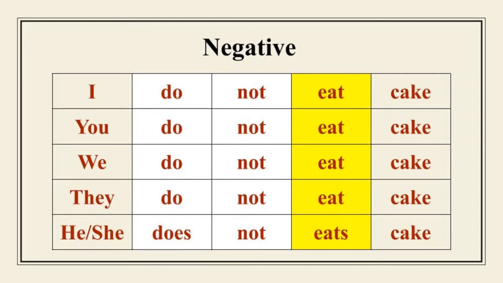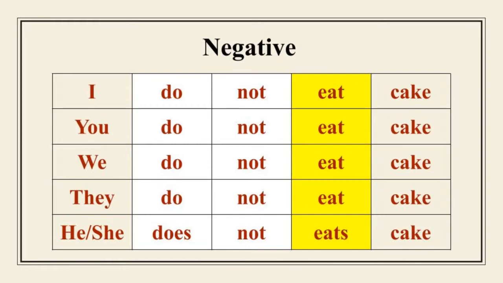And in the next column, we use not for all the sentences because it is a negative sentence. In this section we are learning how to form negative sentences, so that's why we use not for all the sentences. And then the main verb, that is eat, and the last one is the object, that is cake.